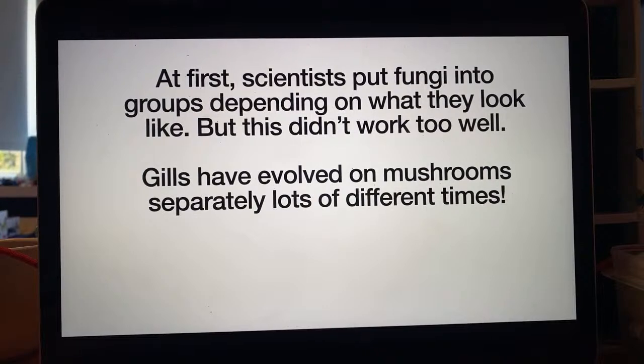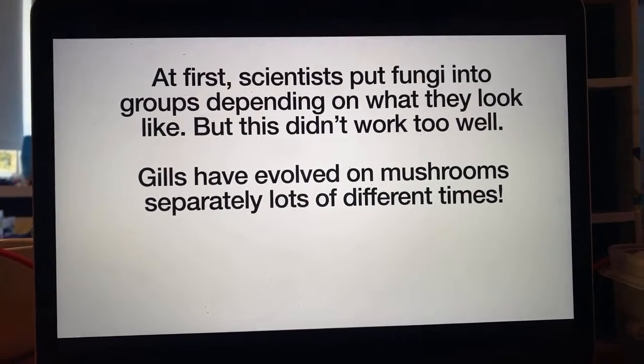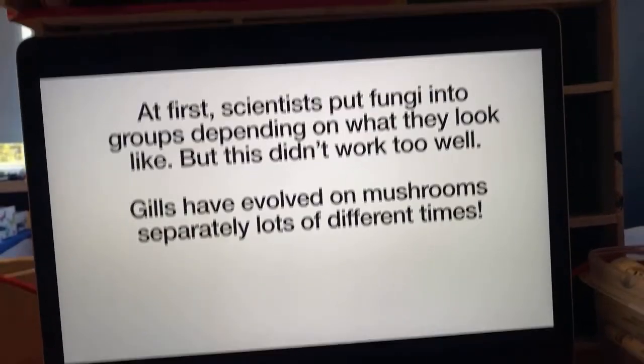fungus? So at first, scientists put fungi into different groups depending on what they looked like. But this didn't work very well, because gills have evolved on mushrooms a lot of different times in a lot of different places, right? A lot of this categorizing is supposed to help you understand which things are related to which things. In the olden days, all they could do was look really carefully at fungi and put them in different categories.